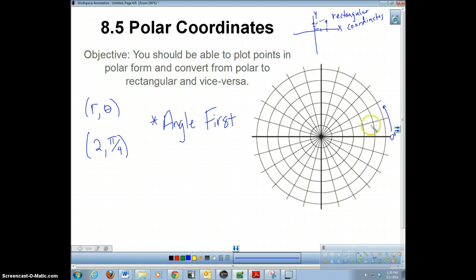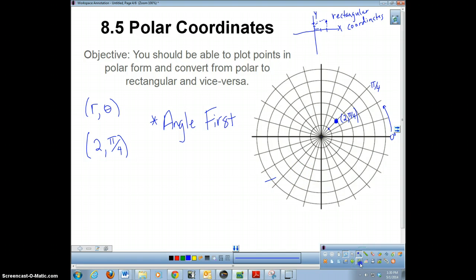So in this figure here, pi over 4 is right in the middle, it's 45 degrees. So we're going to go over to 45 degrees, and this is the line we're going to follow. And from the origin, we're going to go out 2 radians. 1, 2, and that right there is our point 2 comma pi over 4. Okay? So the system that we're using is the angle and then out the number of radians.